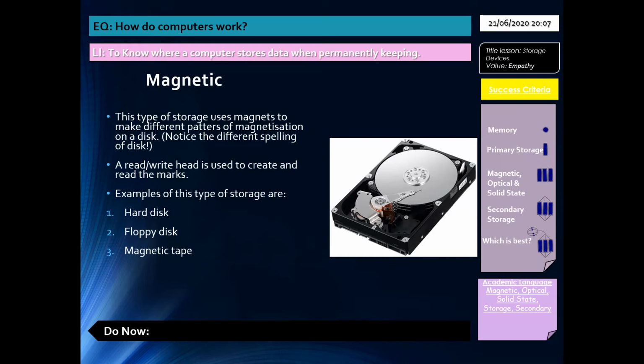It has disks in there just like a CD, but instead of using a laser, it uses magnetic fields to store the 0s and 1s. Examples of this type of storage are a hard disk, an old style floppy disk, and something called a magnetic tape.